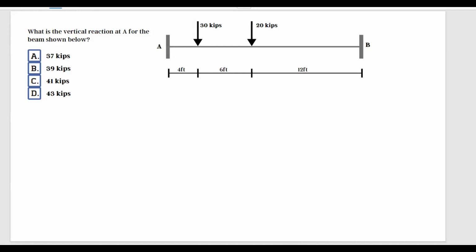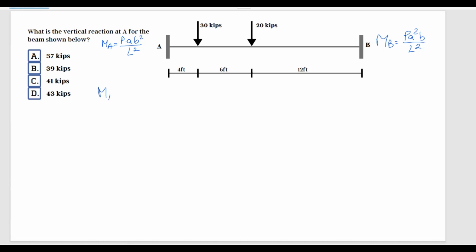To make this easy, I'm going to write: moment at A, the formula was P A B squared divided by L squared, and moment at B, the formula was P A squared B divided by L squared. Okay, so let's go ahead and apply.